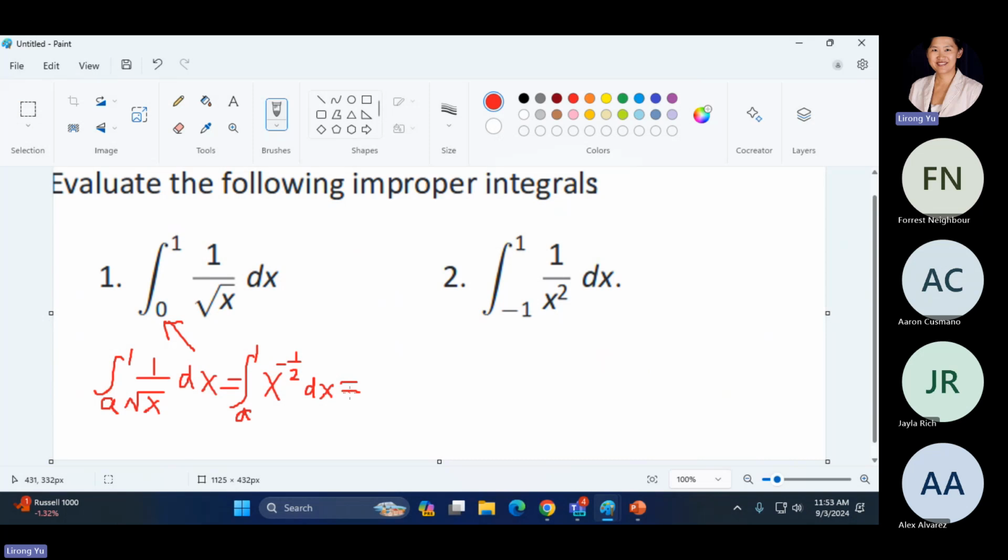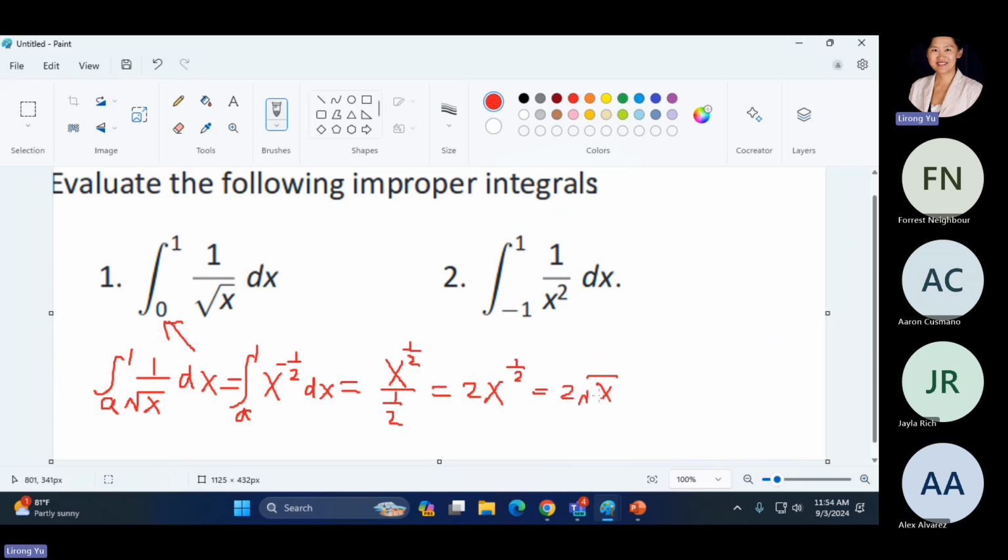According to power rule, whenever you're integrating, the power increases by 1. So -1/2 plus 1 is positive 1/2. So the integration is x to the power 1/2 over 1/2. And there's supposed to be plus c, but I'm just skipping that part. So this actually is 2 times x to the power 1/2, or you can say this is actually 2 times root of x.